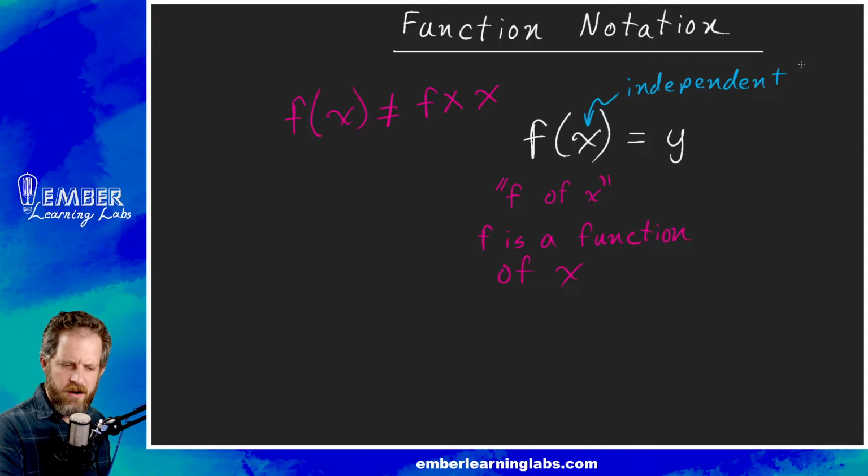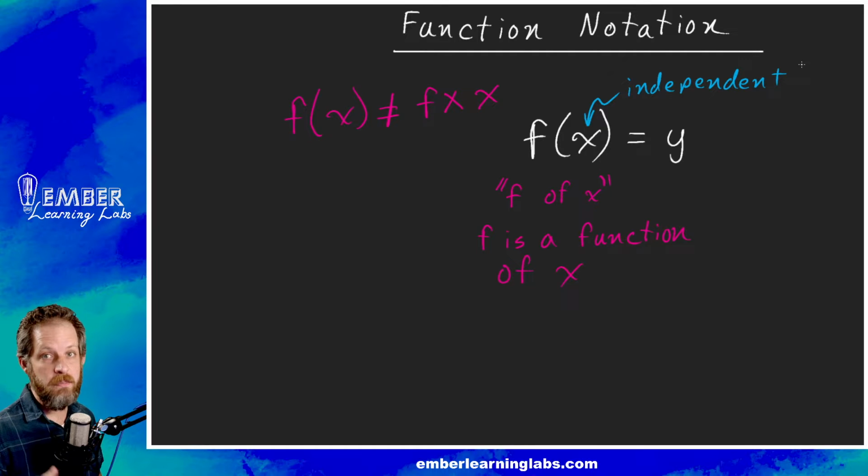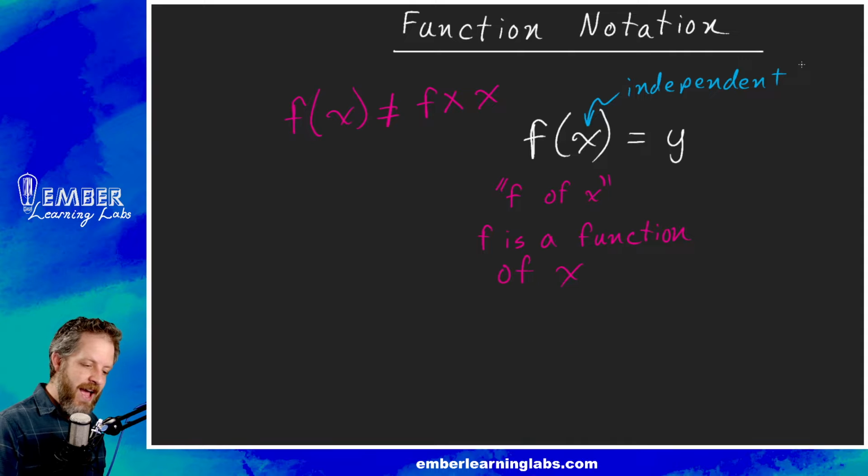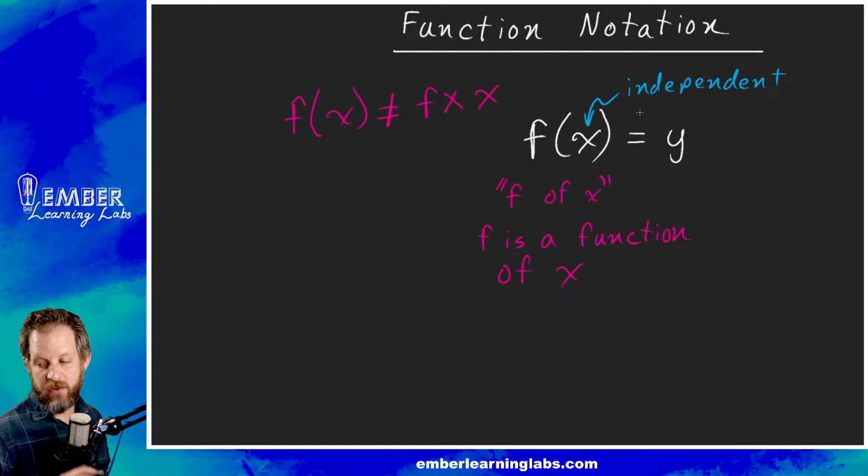You're like, but earlier in another lesson, you told me that x is the independent variable. Well, it is, but x is not always x. Sometimes it's t or p or jellyfish. Well, probably not jellyfish, but you never know. So whatever variable in here is the independent variable when we're writing a function.